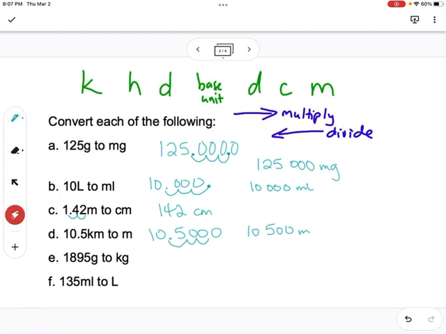Okay, going from 1,895 grams to kilograms. So grams is our base unit, going to kilograms. So we are moving 1, 2, 3 to the left, and that means we're moving our decimal to the left. Our decimal is starting after the 5. We're moving it to the left, 1, 2, 3, and that gives us 1.895 kilograms.